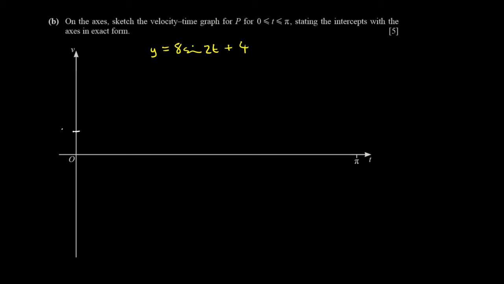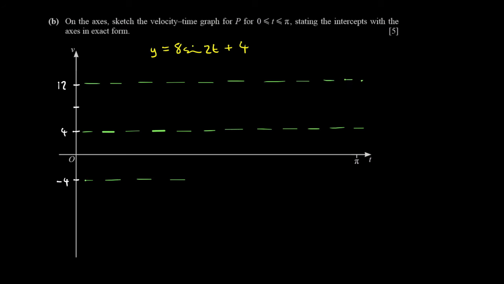So let's put that there. That's 4. The amplitude is 8. So we're going to go up another 8 up to 12. And we're going to go down another 8 to negative 4. So if you want, you can draw it out like that. 4 is the center line, and it's going to go up to a maximum of 12, and down to a minimum of negative 4.